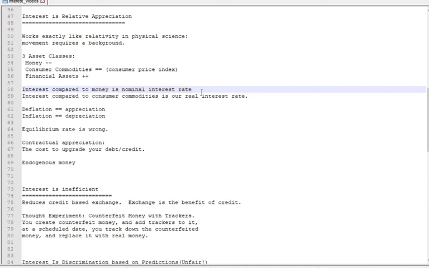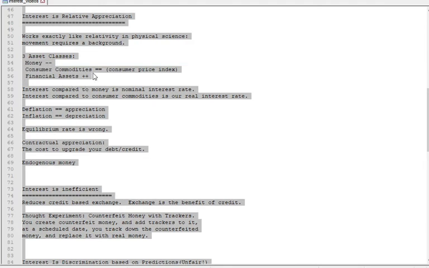Now let's talk briefly about this idea of the equilibrium rate. The idea is it's based on this division of assets into the three asset classes.